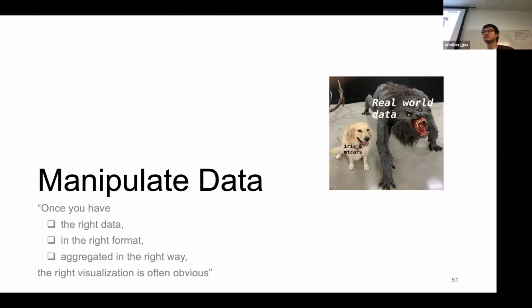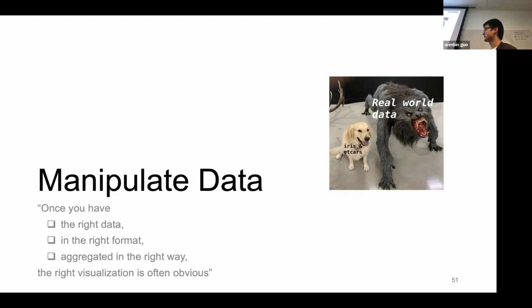For your papers or your presentation, you want to make figures, and usually once you have the right data in the right format, aggregated in the right way, the right visualization is obvious. Which means once you have the data ready, the figure is pretty easy to generate. And usually, I think the data is the most time-consuming part.